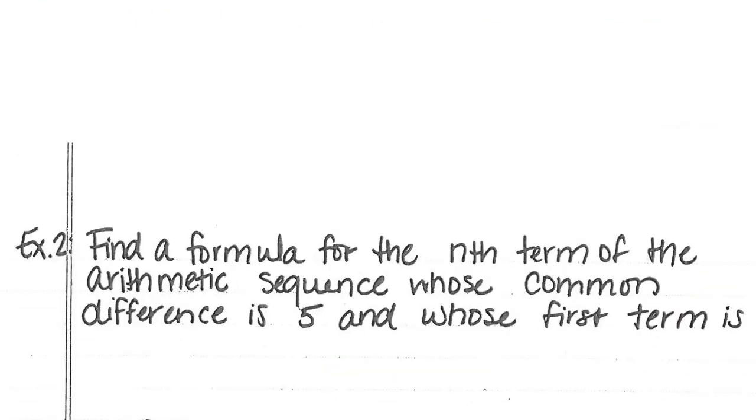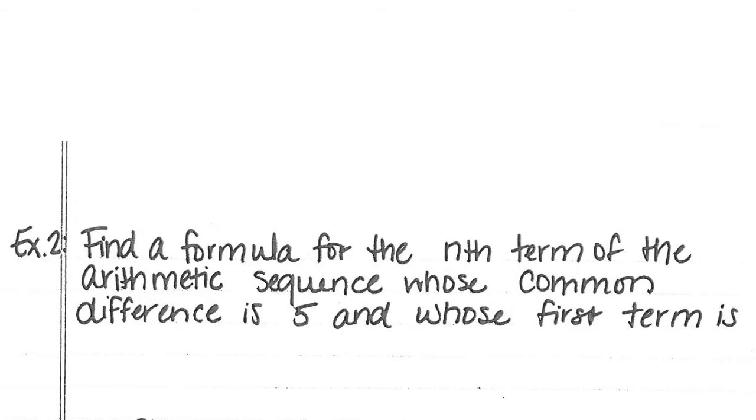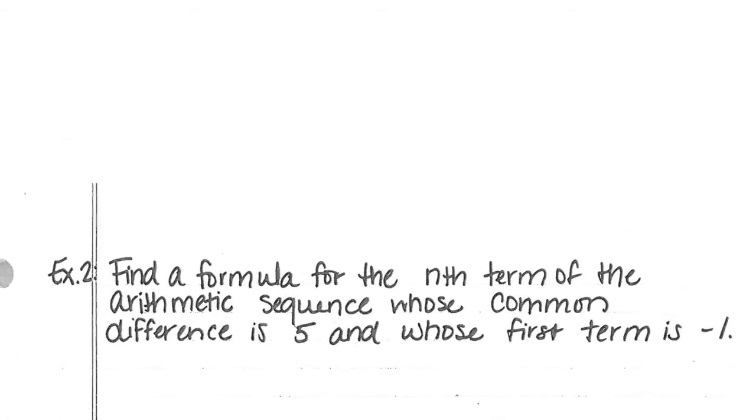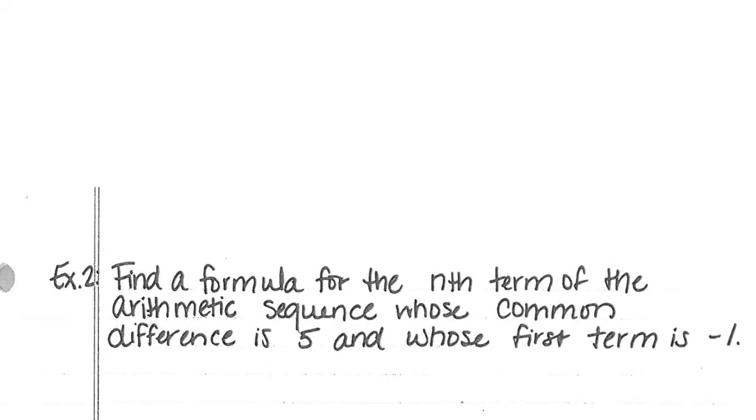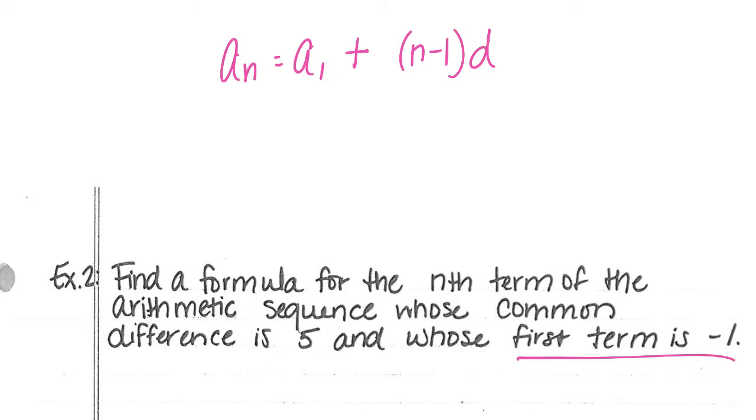All right, so now we get to dig into the fun stuff. Find a formula for the nth term of the arithmetic sequence whose common difference is 5 and whose first term is -1. So I'm going to use the formula that I just showed you. We're going to use a sub n is equal to a sub 1 plus, a lot of people forget that plus sign, n minus 1 times the common difference. Well, I know the first term is going to go in for the first term, so this -1 is going to go in there.